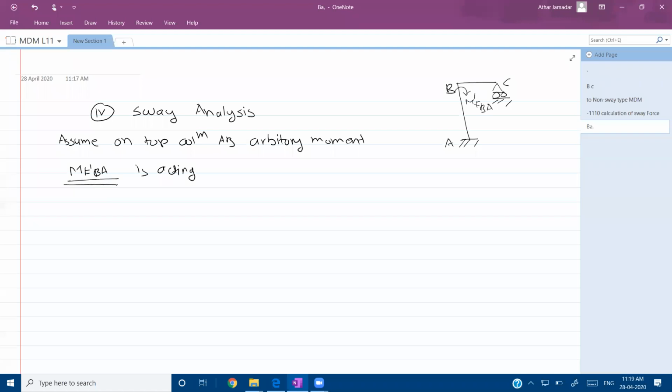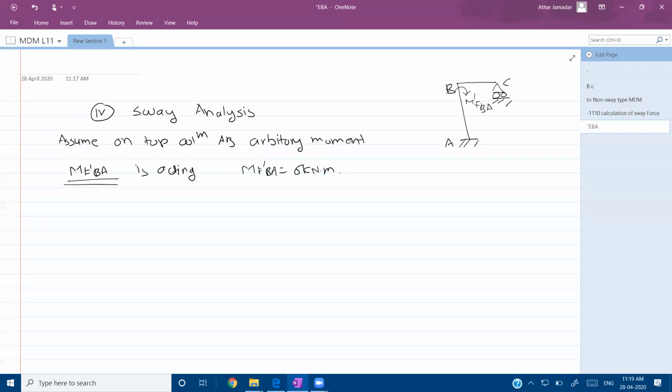You can assume 1, 2, 3, 10, any value. But from the book where this problem is taken, they have assumed that this moment value of MF dash BA is equal to 6 kilonewton meter. So we will go with this same.